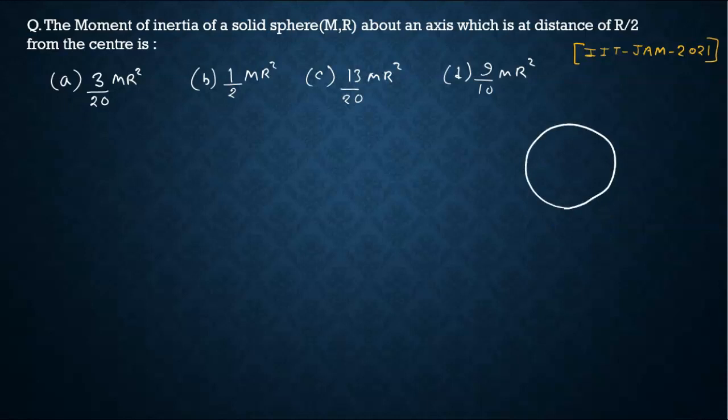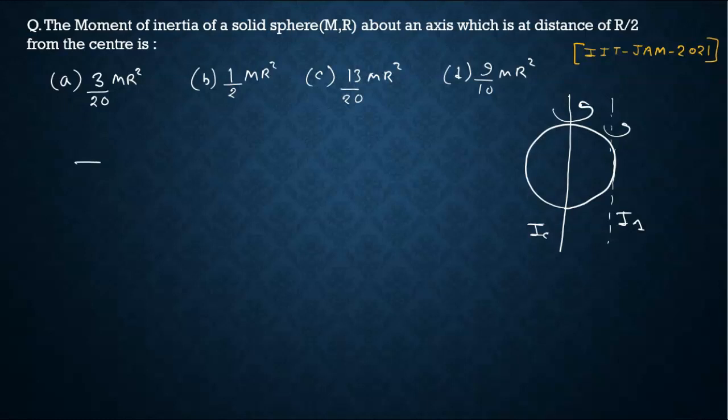Let's say this is our solid sphere and we are asked to find the moment of inertia about this axis, I1. We also know that the moment of inertia about the center of mass of a solid sphere is 2 by 5 m r square.